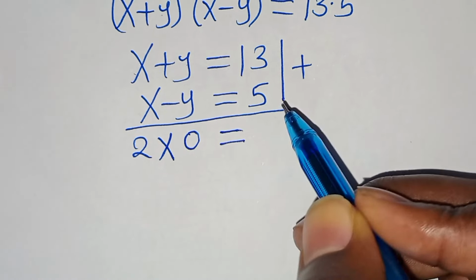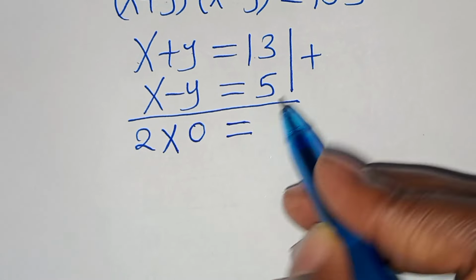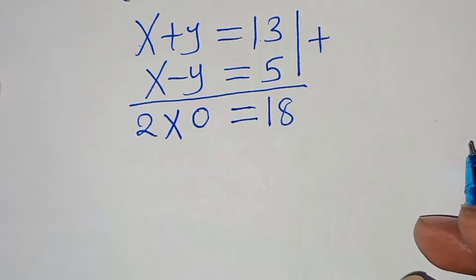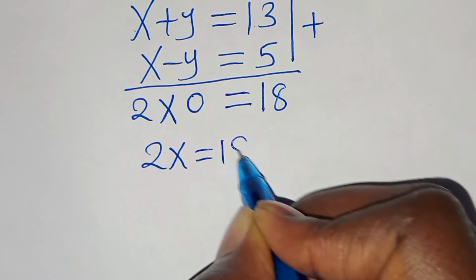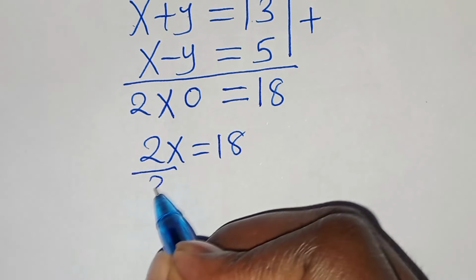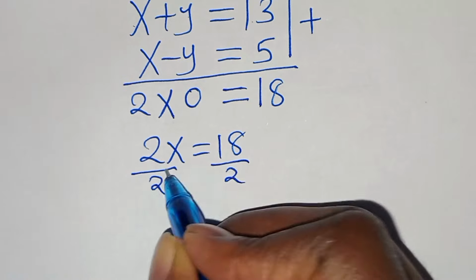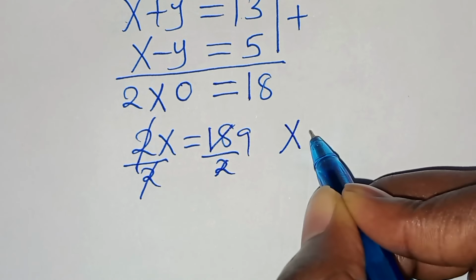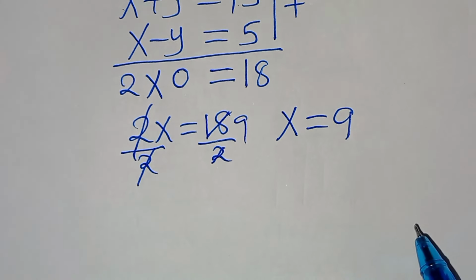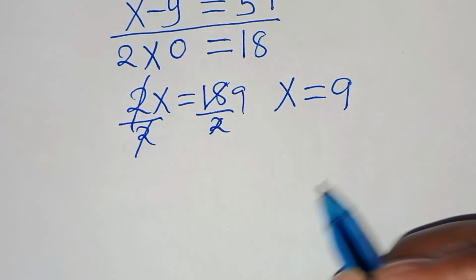So this is equal to 13 plus 5, which is 18. So 2x equals 18. Let's divide both sides by 2, and this implies that x is equal to 9.